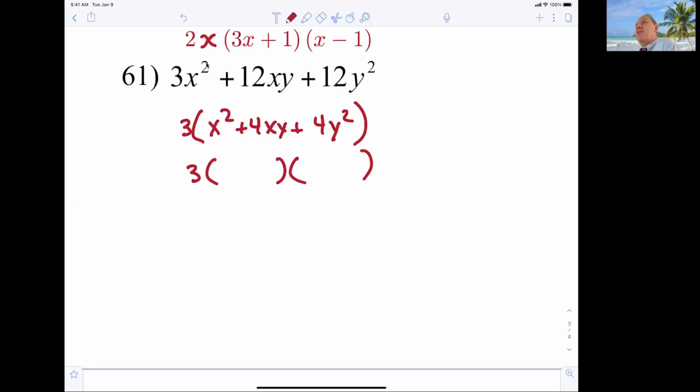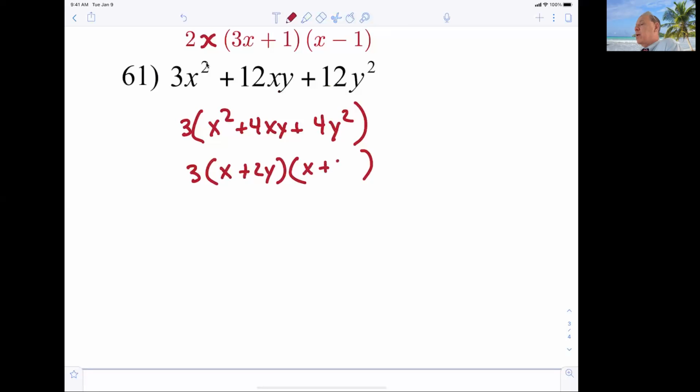Now, how does that factor? Michaela, I'm hearing you now. Shh, guys. 80 problems. We got work to do. What does that factor to? Lucas. x plus 2y squared.